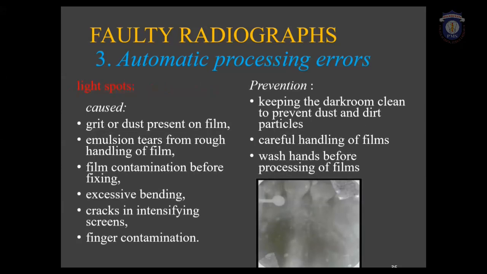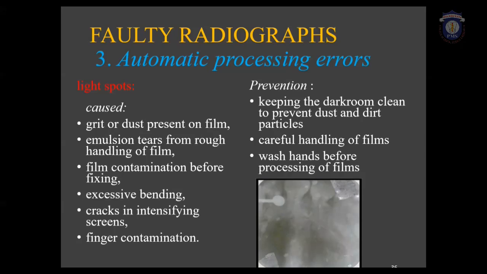So if it was a fault of the film, you need to check it with films from the same batch. Light spots, again in the automatic processors, are also due to dust, excessive bending, cracks in the intensifying screen, or finger contamination. So the dark room and the automatic processor should all be kept clean. Careful handling of the films should be ensured.